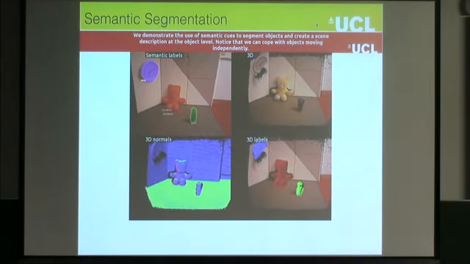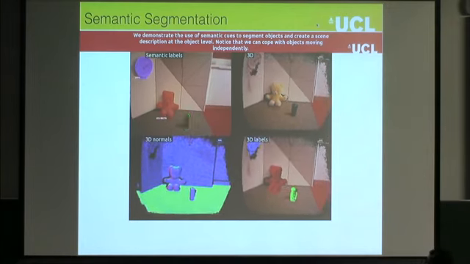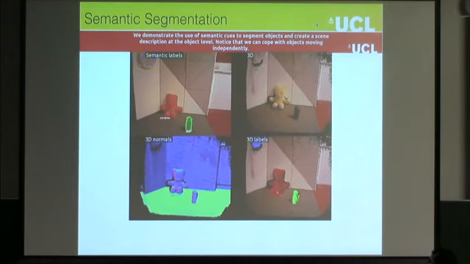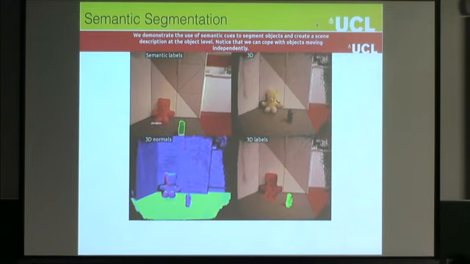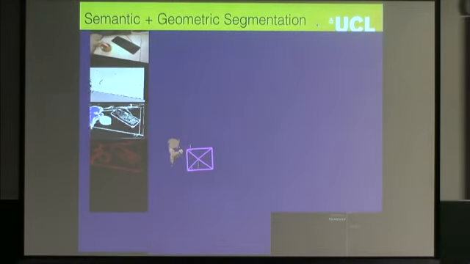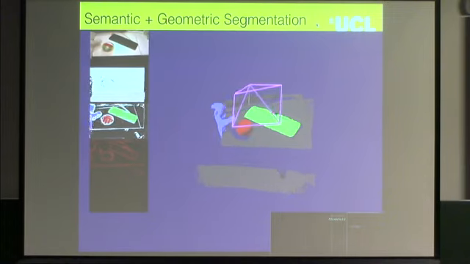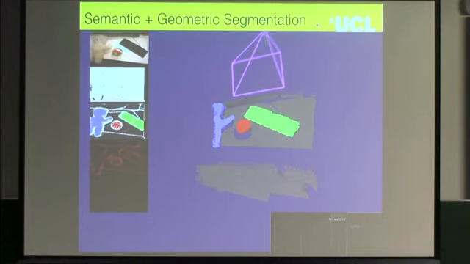Something that you can see here is that when we take the labels just from the semantic segmentation algorithm, the labels are actually leaking a bit. The boundaries are not very good quality. So what we're doing right now is combining geometric and semantic segmentation. Here you can see the result of a semantic segmentation algorithm.